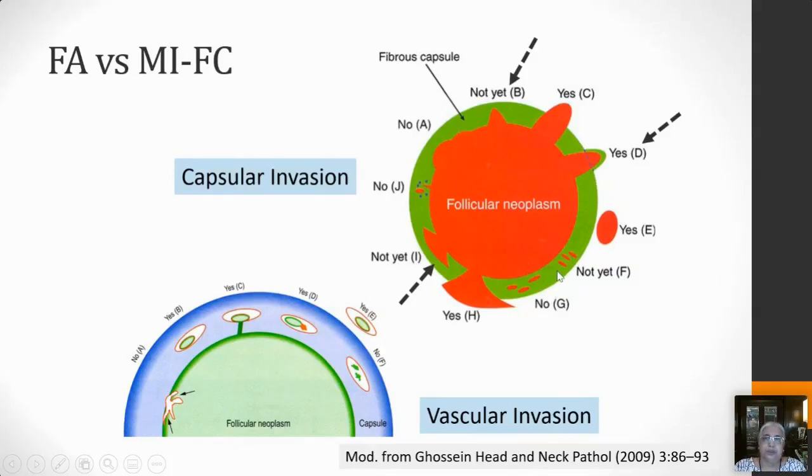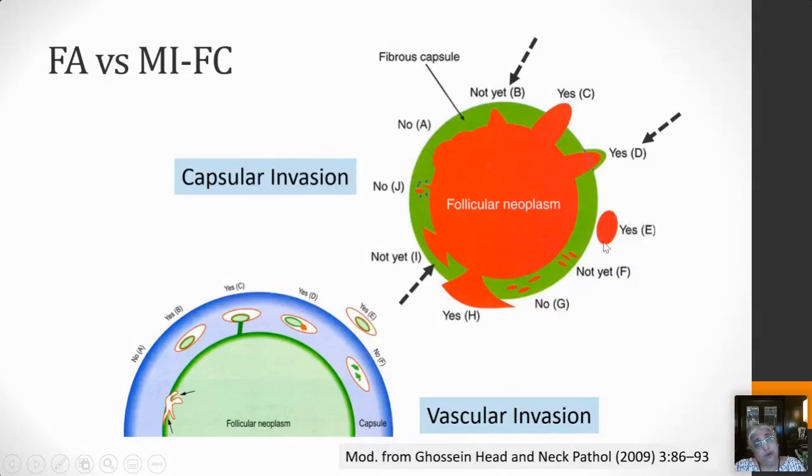And I want you to look at what is considered to be capsular invasion. C is capsular invasion. You've got a straightforward tongue of thyroid follicular cells that have gone through the capsule. I don't think anybody was going to quibble with that, or quibble with what is H.